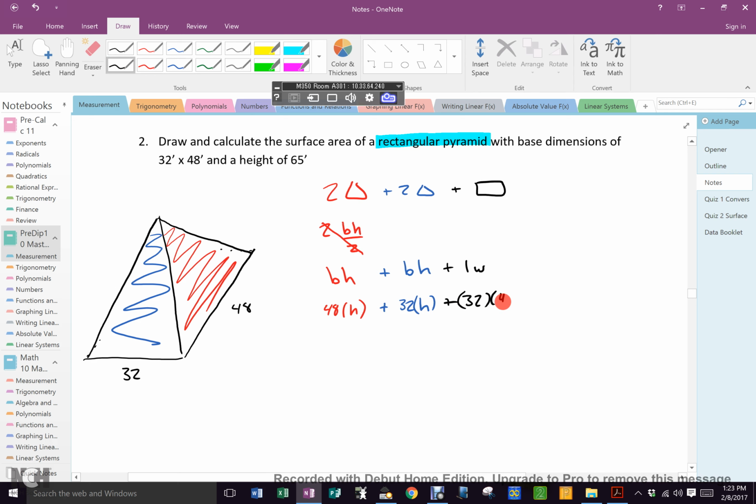Now here is where every one of you is going to make your mistake. What's H? The height of the triangle itself. So what is it? Of course you have to calculate it. But the question says it's got a height of 65. Why did I write it that way? 65 is the center straight up, isn't it?